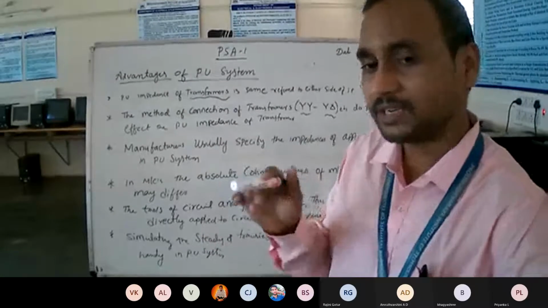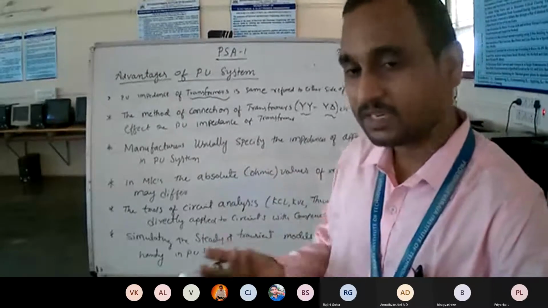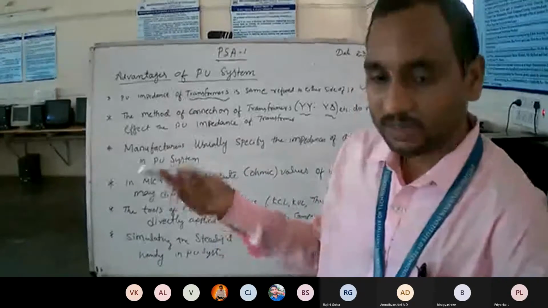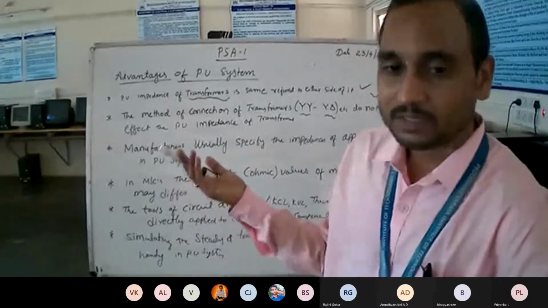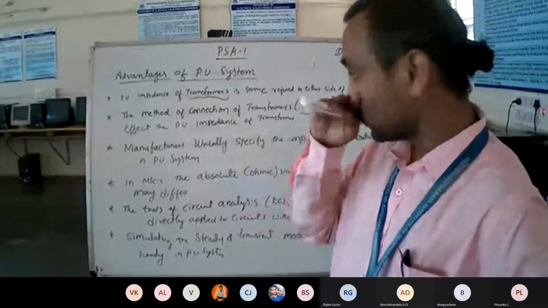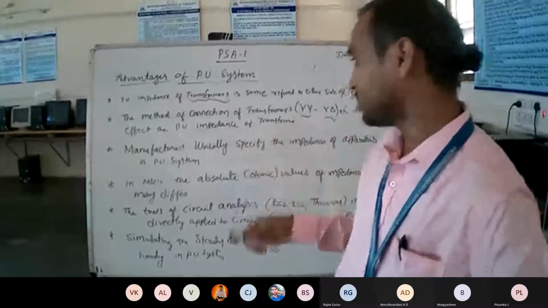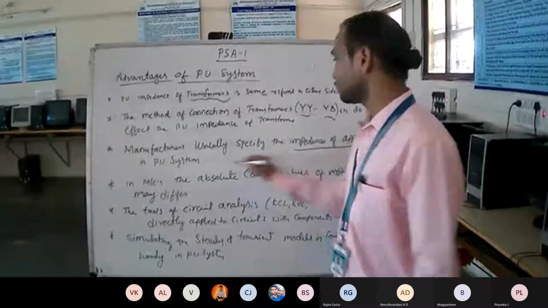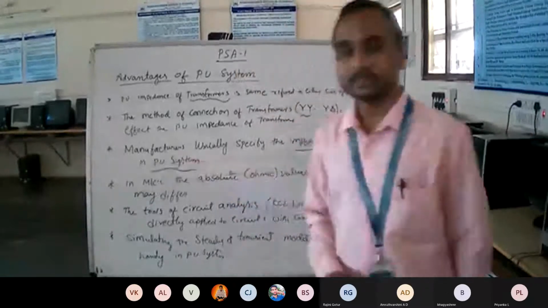Sometimes they are represented in percentage; percentage or per unit, both are the same. So 0.6 per unit multiplied by 100 is 60%. That is specified by the manufacturer in the nameplate details.